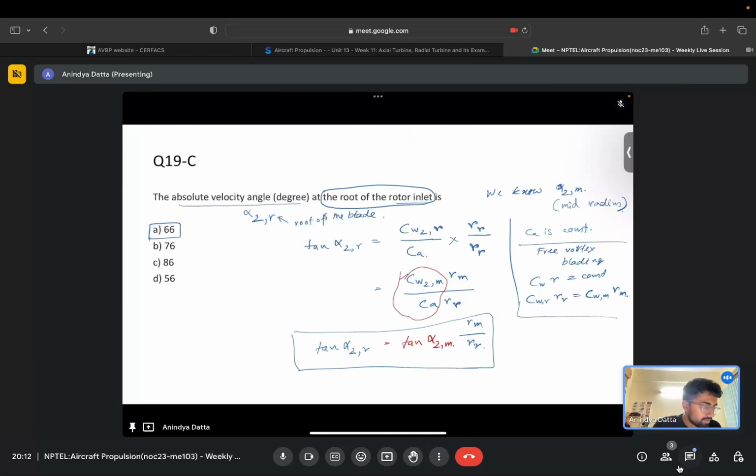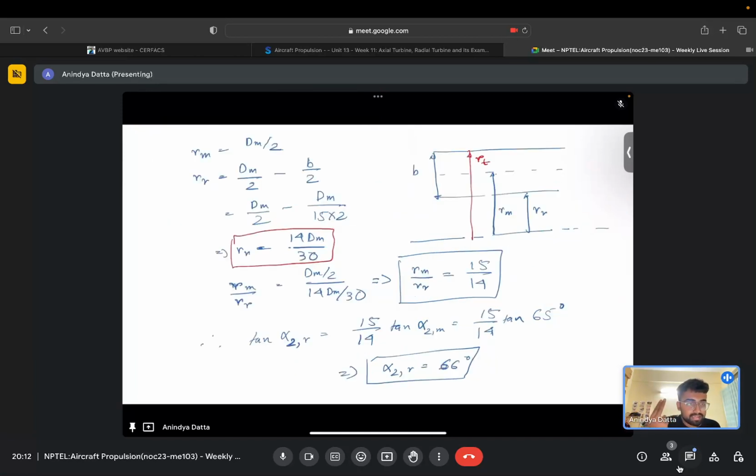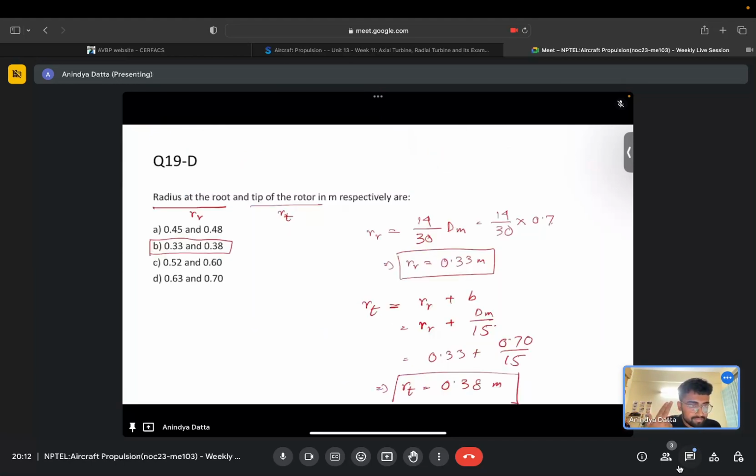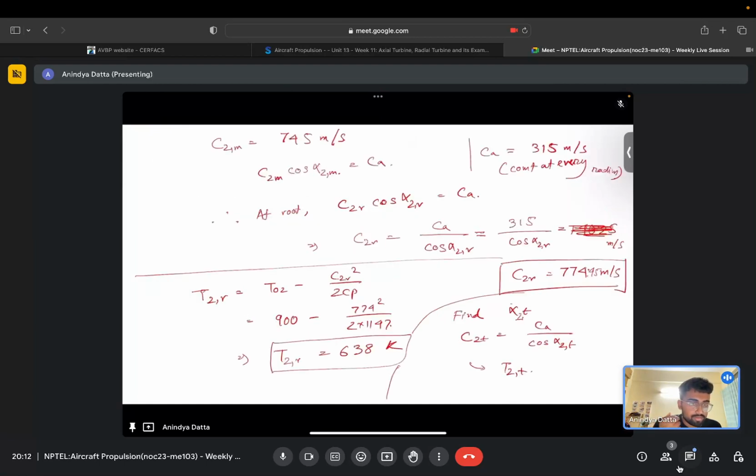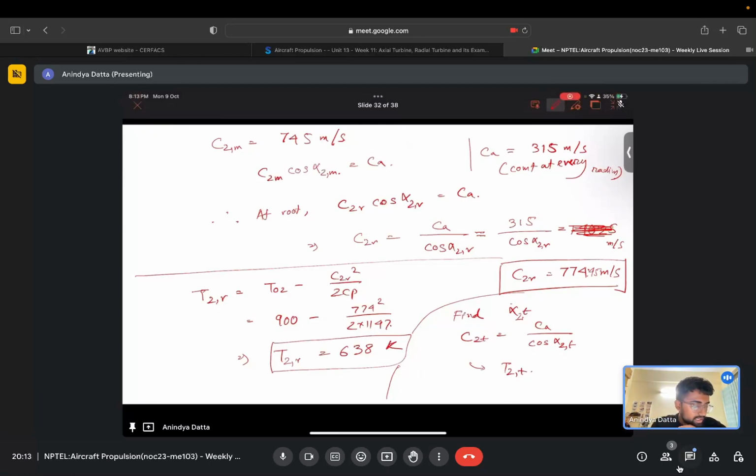In that way we can find the absolute velocity angle at the tip, from that the absolute velocity component at the tip, and then proceed in a similar manner to find the static temperature at tip. I'm not skipping the last part, but I think you got the idea.